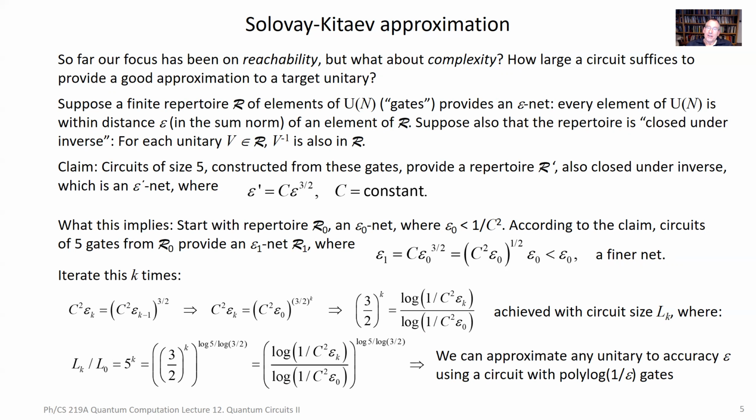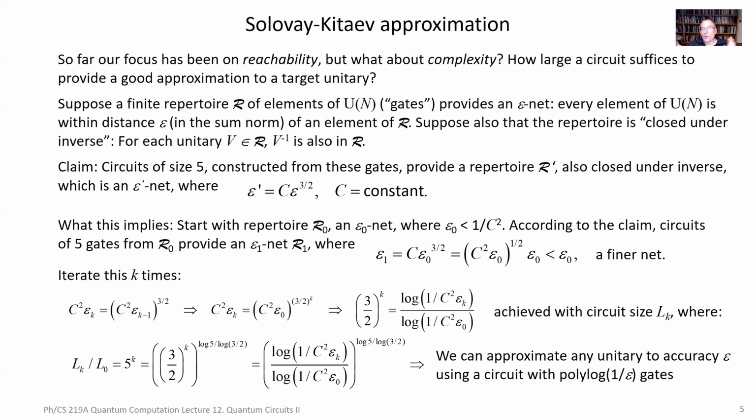Once we have a set of gates, which will necessarily be non-commuting, which form a fine enough net in the unitary group. So what a net means is that an epsilon net is a finite set of unitary matrices, elements of U(N), unitaries acting on an n-dimensional space, such that every element of U(N) is within distance epsilon of some element of that finite set.